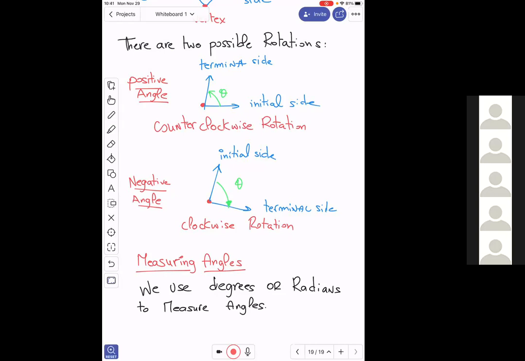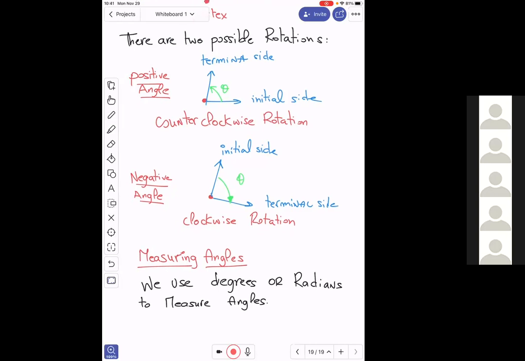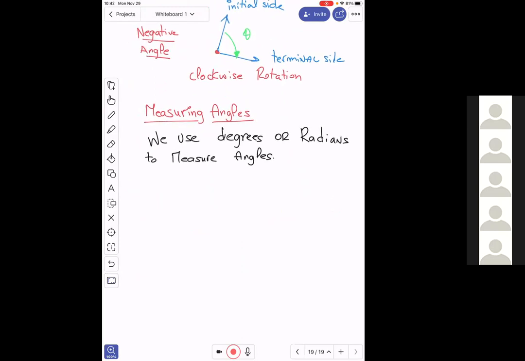What's the relation between degrees and radians? I'm going to first give you an example, and then we're going to explain the relation between the two units.